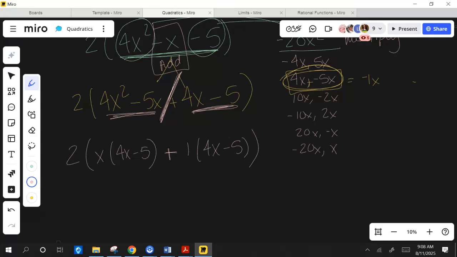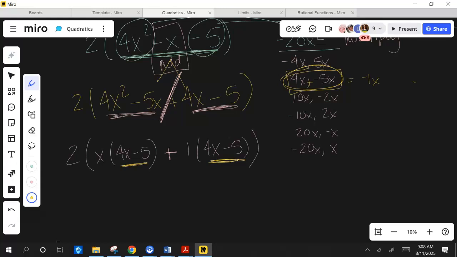All right, at this point, if you've solved your puzzle correctly, these 2 parentheses will look exactly the same. They are now my new GCF. In other words, I've got X times blah plus 1 times the same blah, right? I'm going to pull the blah out.